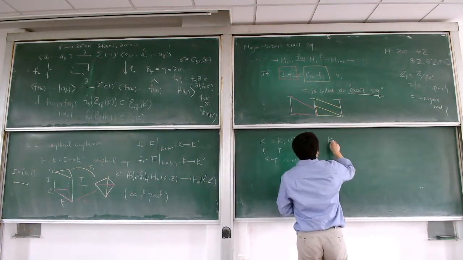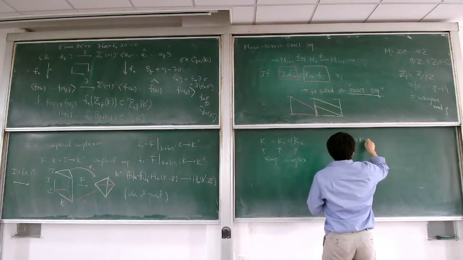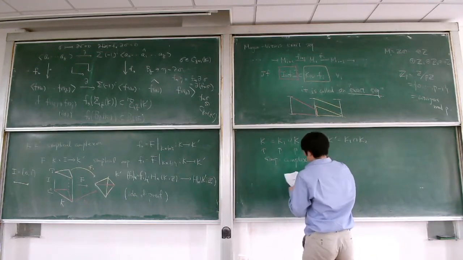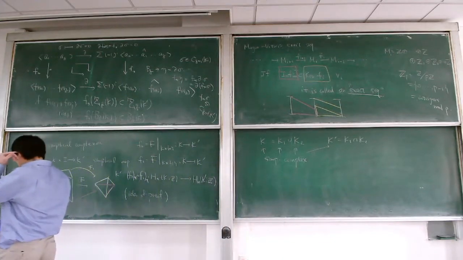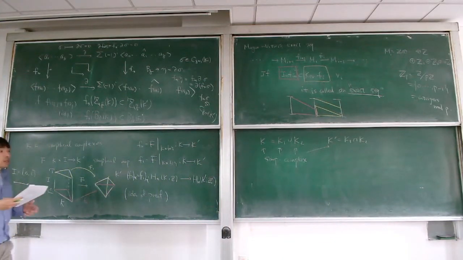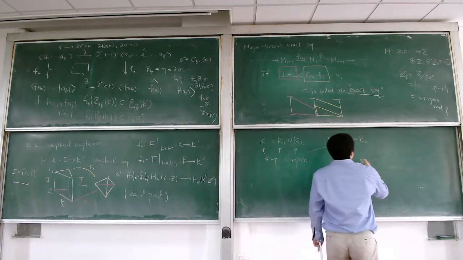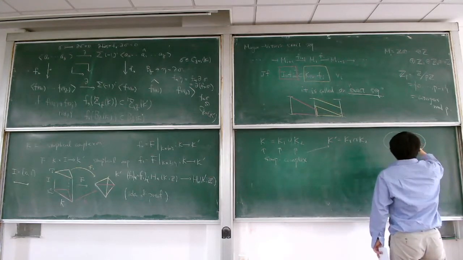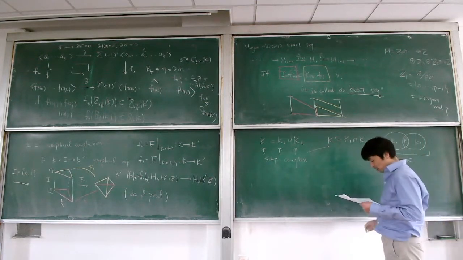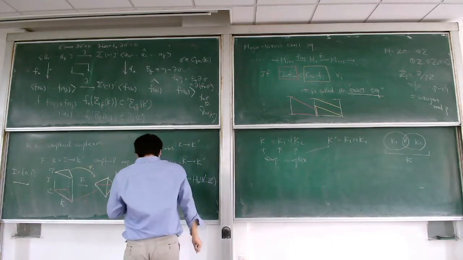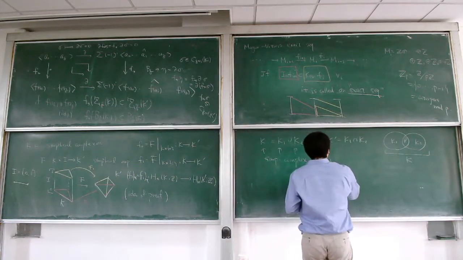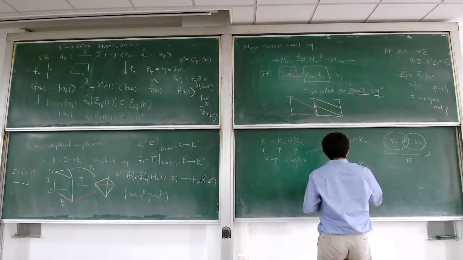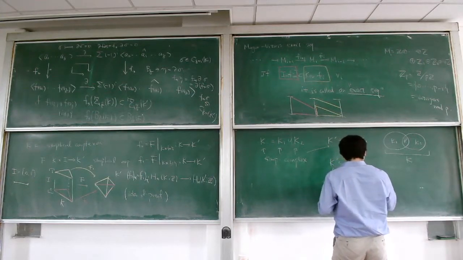Also, if you consider K prime as the intersection of K1 and K2, it is also a simplicial complex. So we consider the situation like K1, K2, and the entire thing is K. Here is K prime. And we have the inclusion maps from K prime to K1 and K2, and then inclusion maps to K.